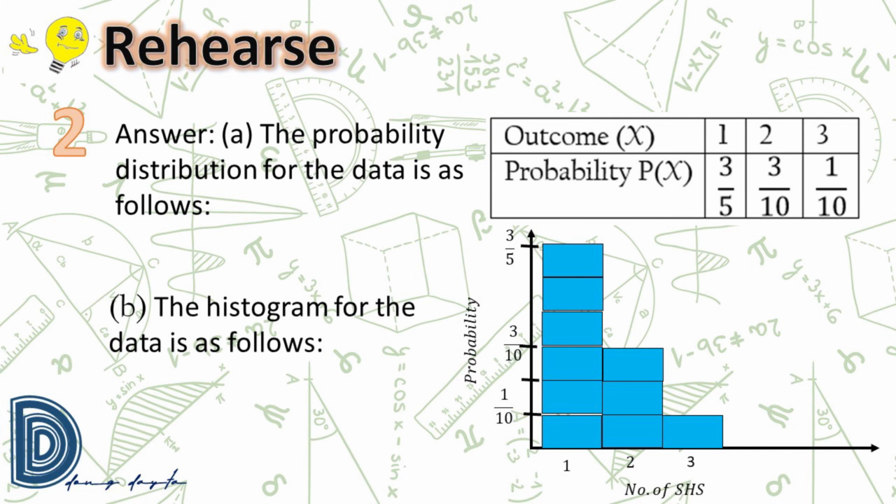On the x-axis are the values of x, 1, 2, and 3. And on the y-axis are their corresponding probabilities, 1/10, 3/10, and then 3/5. So if x equals 1, that is 6 out of 10, or 3 over 5. If x equals 2, that is 3 over 10. And if x equals 3, that is 1 over 10.